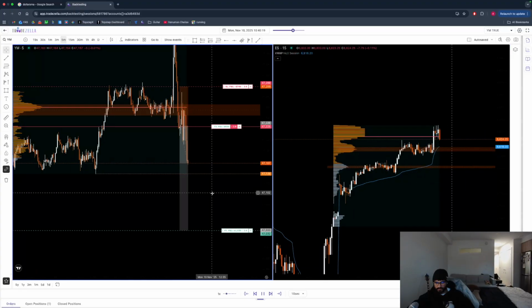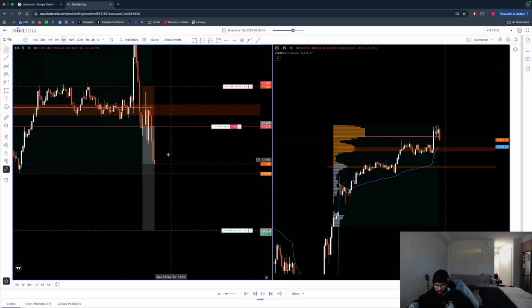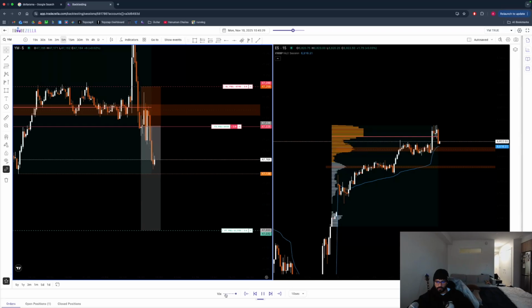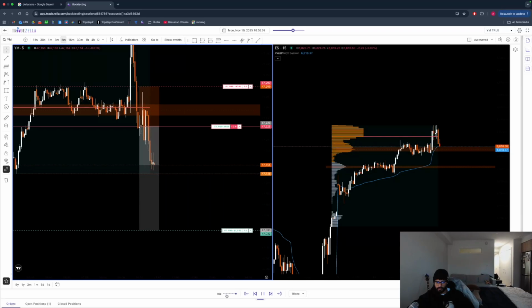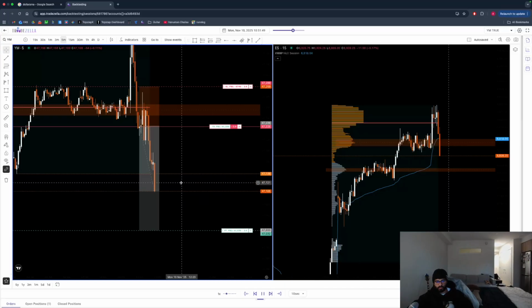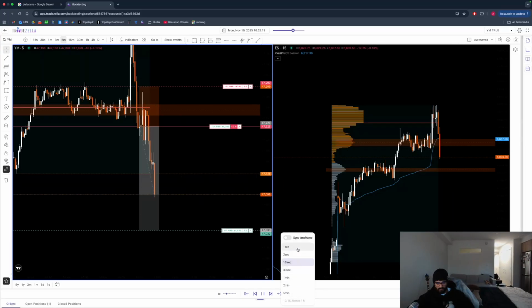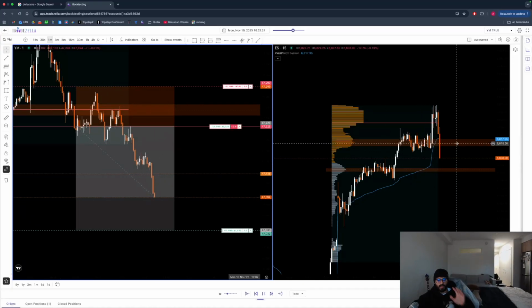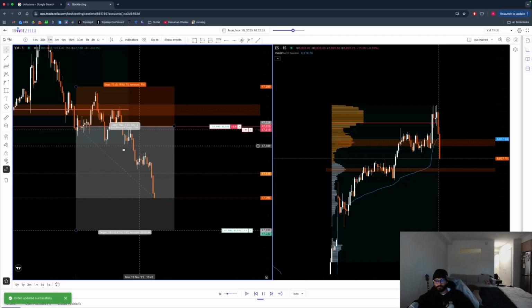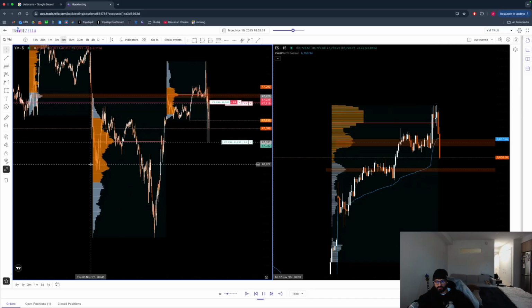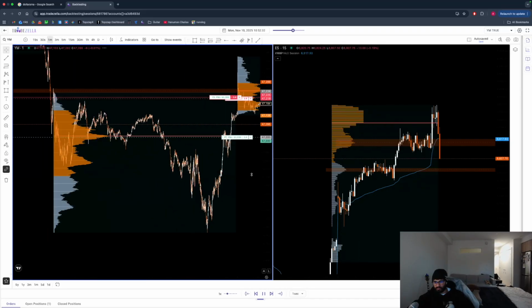Yeah, that's pretty good. Get more speed. Now, this I really like to see. ES just dumping through this HVN tells me sellers are in control. Look at this speed at which we're just obliterating through this HVN. At this point I can just move to break even. Hands off. I'm quite confident in this trade's ability to play out.